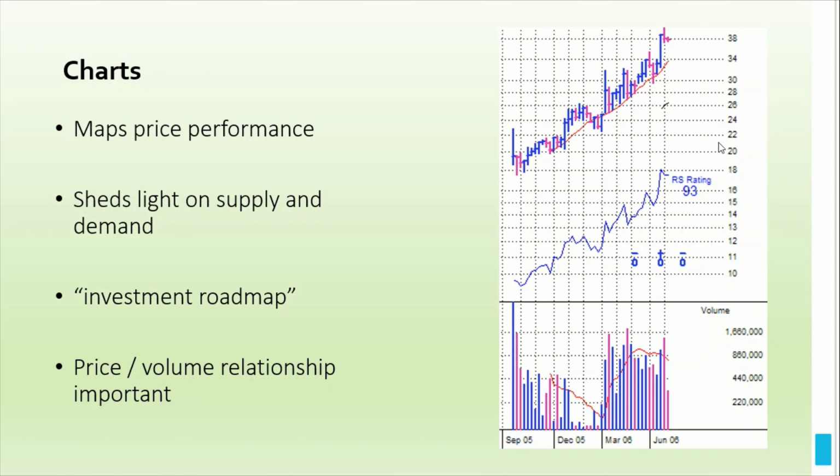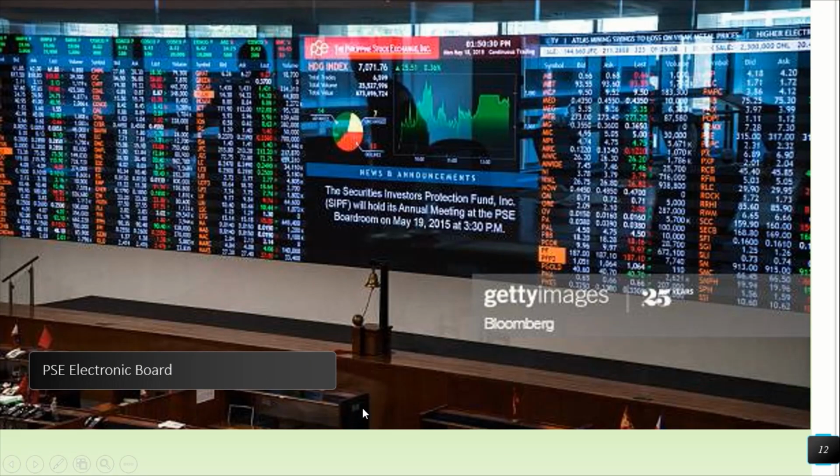Before we proceed to the different chart types that is being used in technical analysis, let's talk about the different elements, okay? The different elements that can be seen on the PSE electronic board. Aside from the electronic board, these are elements that can be seen in different websites that cater to stock price information.